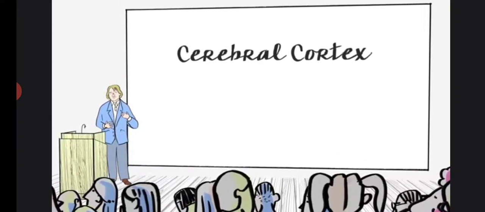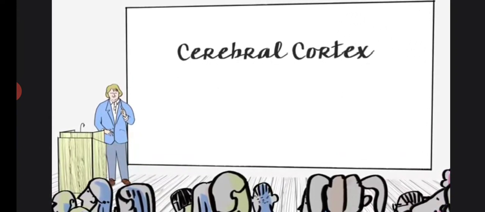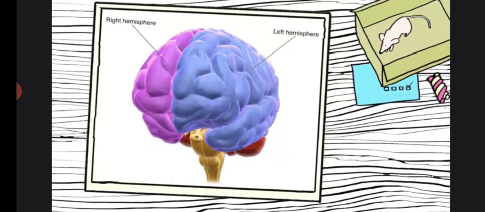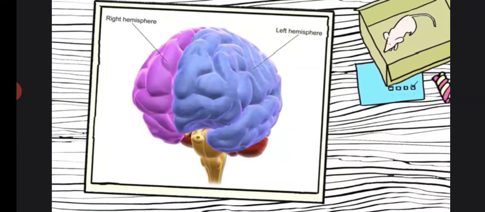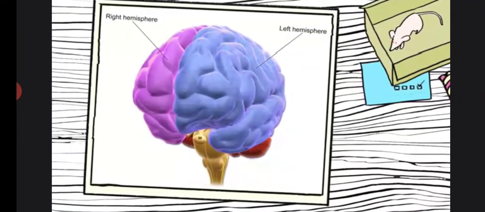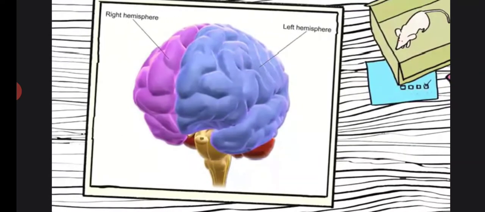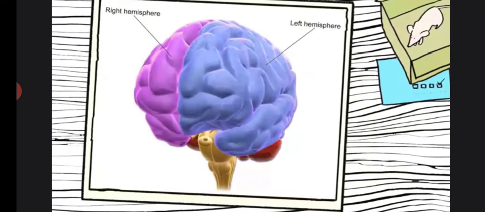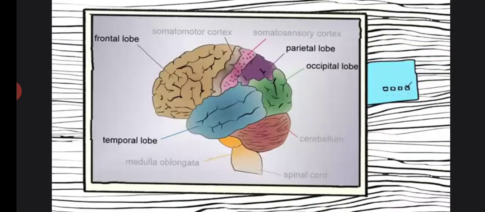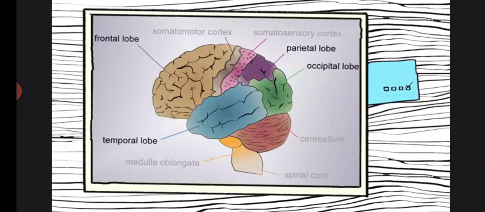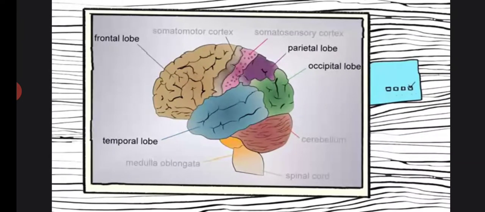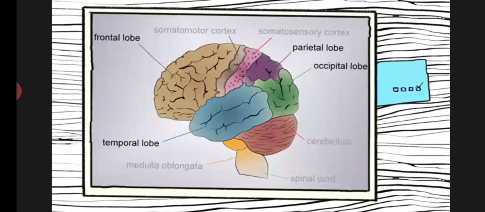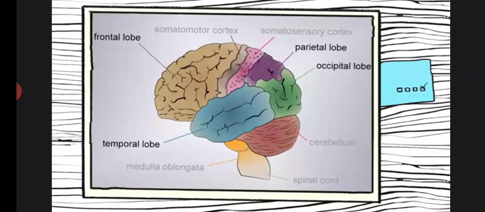For each of these halves, you can demarcate the cortex into different lobes, going from your forehead and swooping to the back. You have the frontal lobe, conveniently enough on the front, the parietal lobe, the occipital lobe, and the temporal lobe. Each of these lobes does different things, which we'll talk about in a bit.